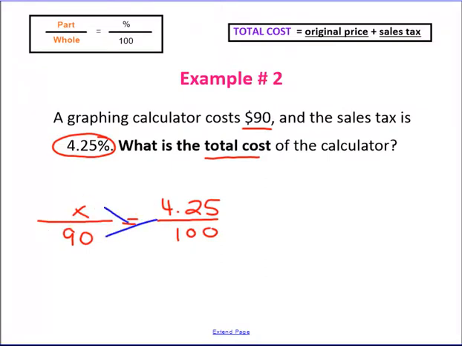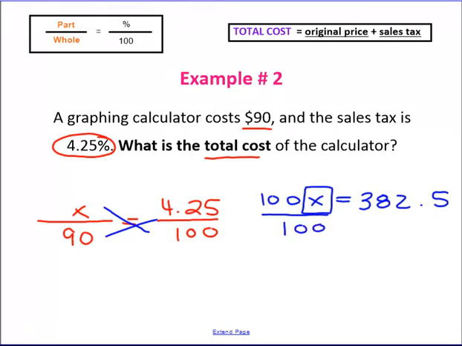We're going to cross multiply. 100 times X is 100X. And then 4.25 times 90 is going to be 382.5. We're going to box the variable, divide both sides by 100.